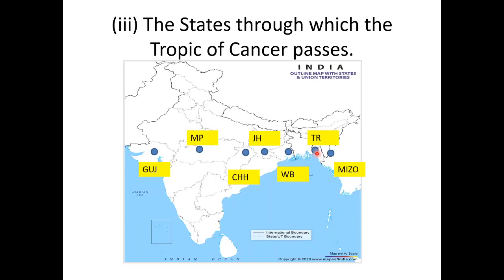Okay, so these are the states through which the Tropic of Cancer passes. Okay, mark down again clearly. Okay, Mizoram, Tripura, West Bengal, Jharkhand, Chhattisgarh, Madhya Pradesh, and Gujarat. Tropic of Cancer. Okay, it goes like this.